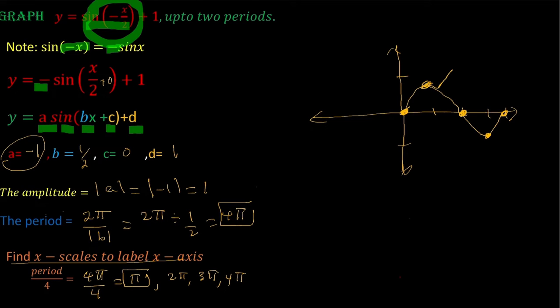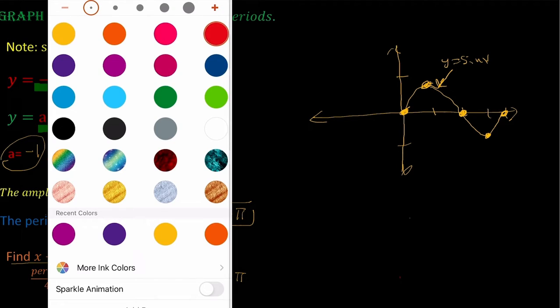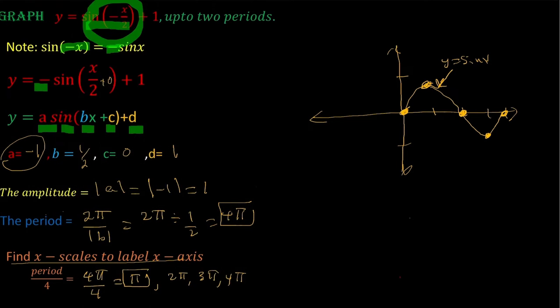This is called y equals sine x. But we don't have sine x. We have a negative sine x. So we're going to get a different color, the red one, and do the negative. So this is how negative sine would look, and this enables you to do the graph without making a table or anything.